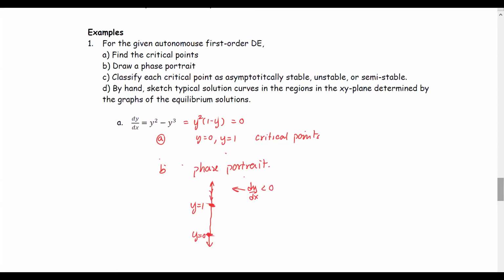So the arrow is coming down. Just draw the vertical line, no arrows to begin with. For the region y greater than 1, dy/dx is less than 0, so use the arrow pointing down, representing a decreasing solution.